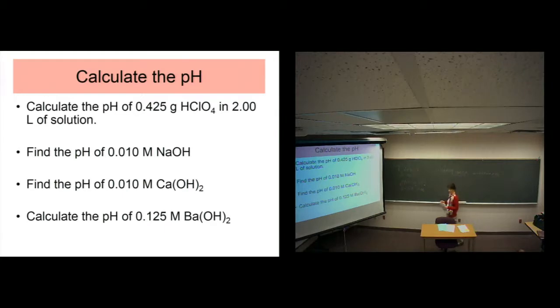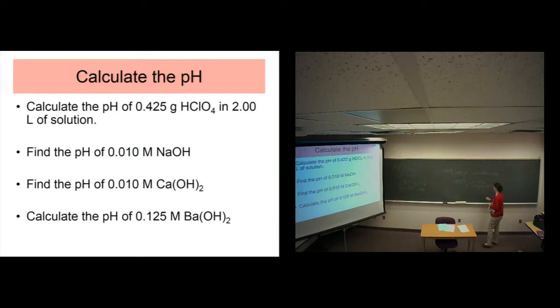And the molarity of the acid is 0.002114 molar. Okay, that's the full acid. That's not the hydrogen ion concentration. That's just the molarity of the perchloric acid. I have to have the hydrogen ion concentration.